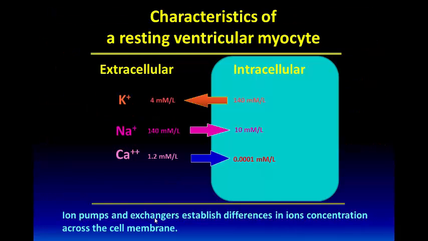So here we have a resting ventricular myocyte where the concentrations of sodium ions and calcium ions are high in the extracellular fluid and low in the cytoplasm, low in the sarcoplasm. On the other hand, the concentration of potassium ions is high in the sarcoplasm compared to its concentration in the extracellular fluid.